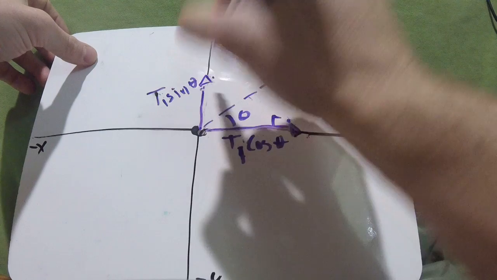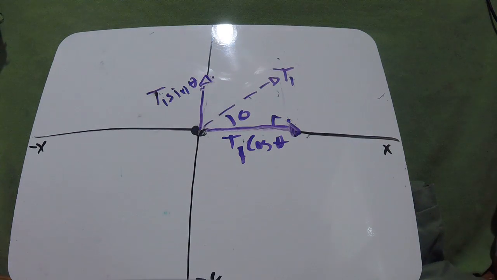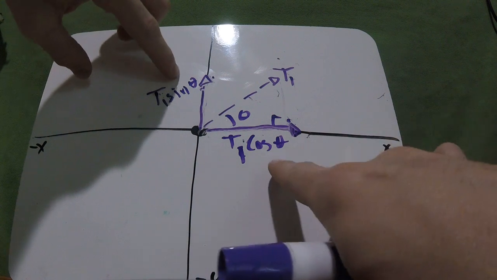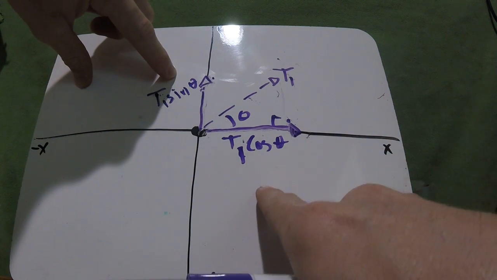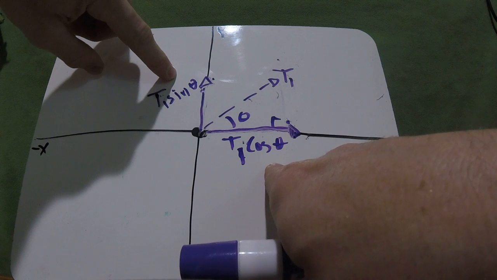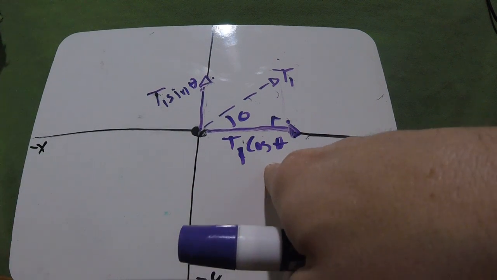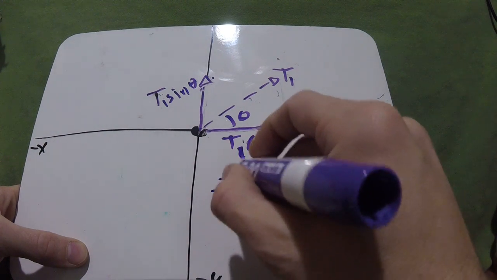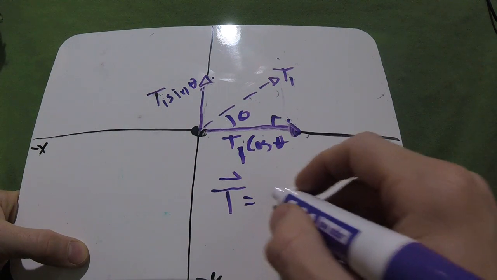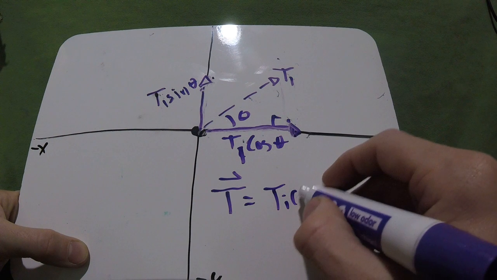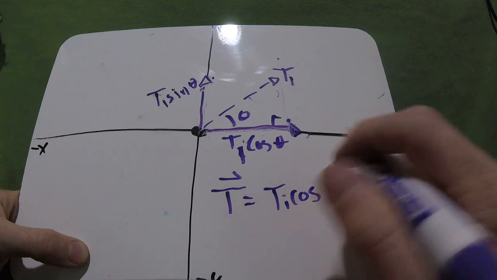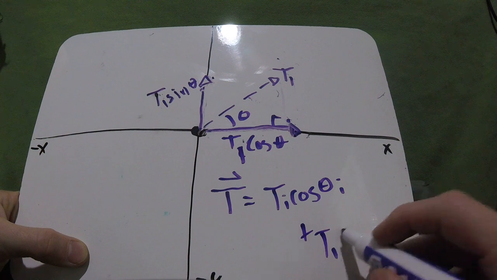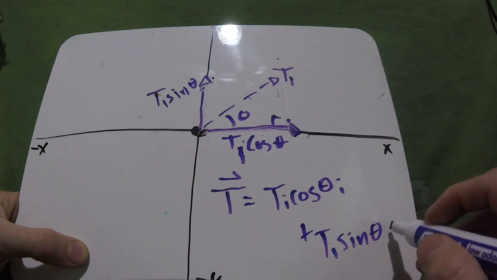Now if we remember anything, and I know most of you probably haven't done any vector calculus yet, but if we vectorially add T1 sine theta and T1 cosine theta, what we'll find is they create a vector, which is our force direction, T1 cosine theta i plus T1 sine theta j.